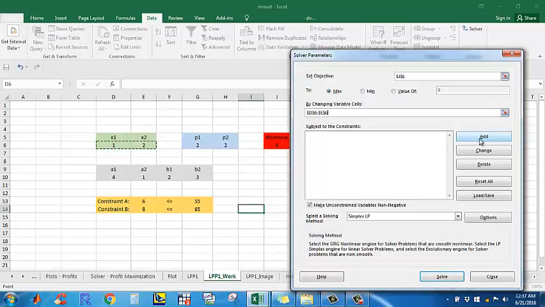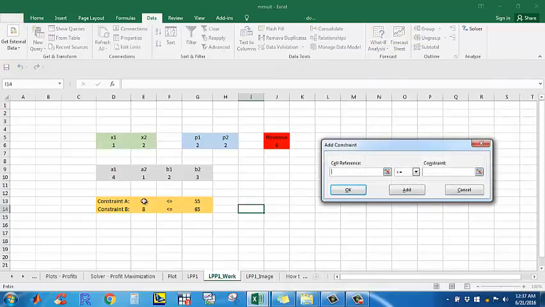Subject to constraints, cell reference E13 corresponds to constraint 1 is less than or equal to 55. We say add, and cell reference E14 corresponds to constraint 2 is less than or equal to 65, and we say OK.